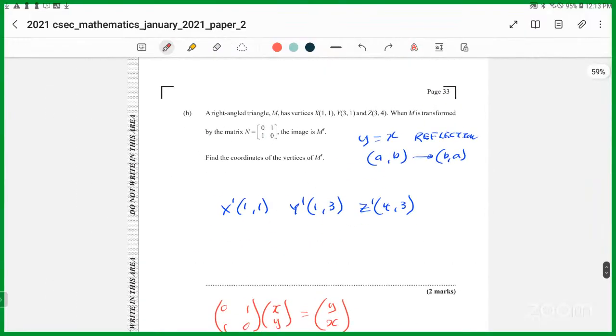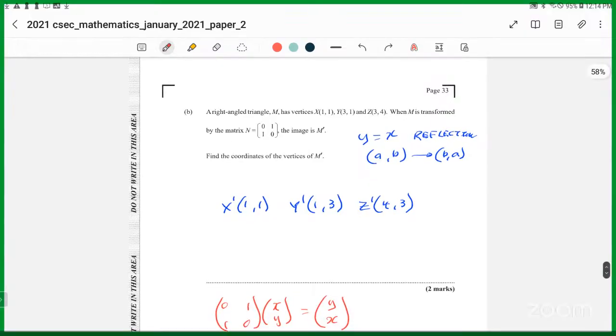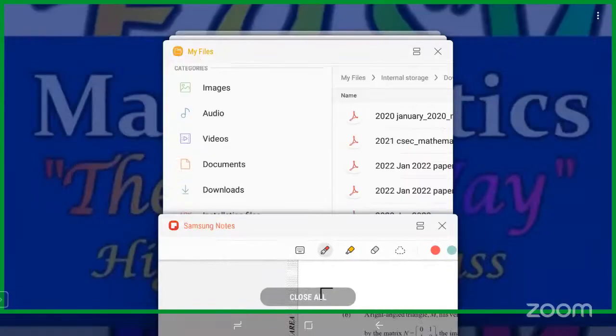Alright, but this one is finished. Let me see which other paper I gave you. I also gave you 2021, and I gave you 2020. Okay, I gave you something on 2020 as well.